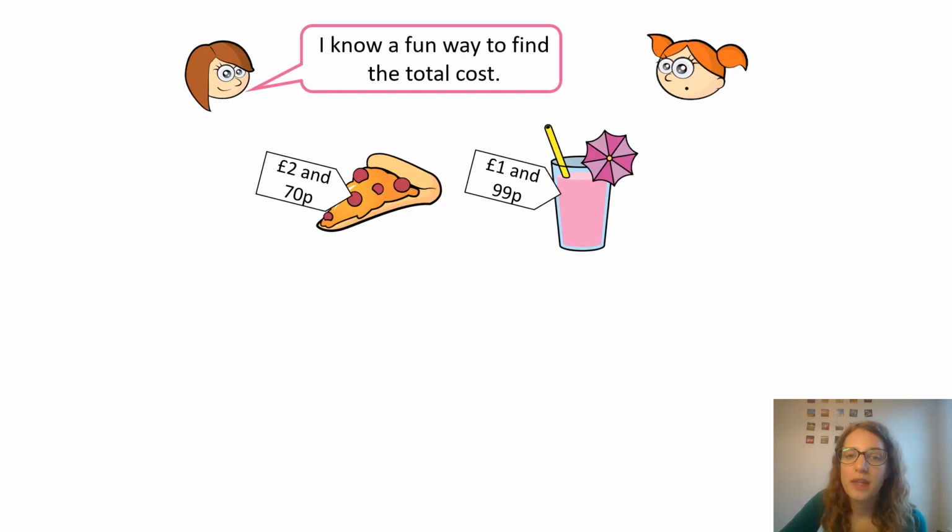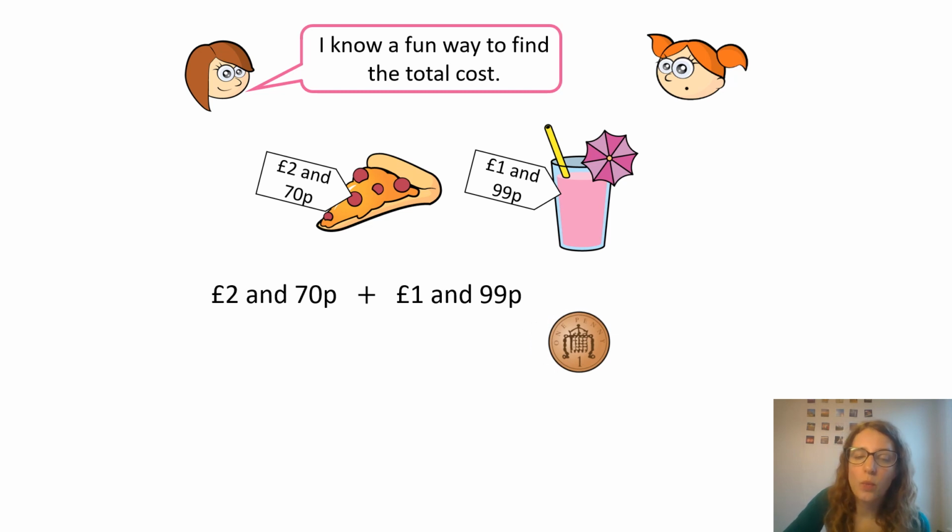I'm going to look at another way now to work out the more specific cost rather than just rounding it. We've got £2.70 and £1.99. I'm going to take 1p from the £2.70 over to the £1.99. If I add 1p to £1.99, what does it become?